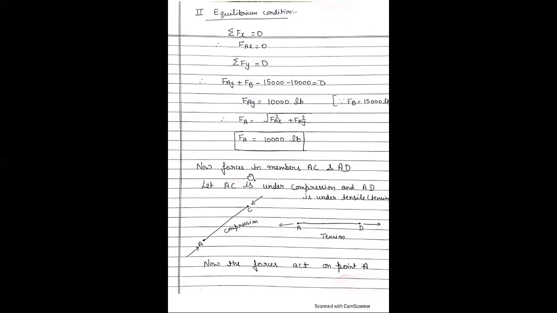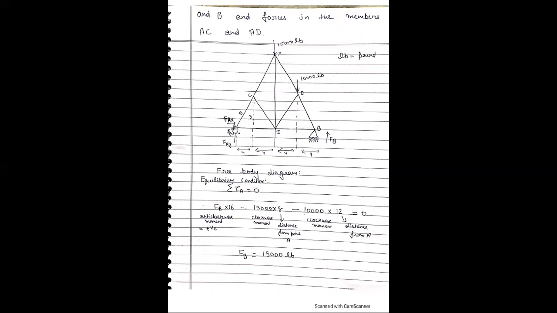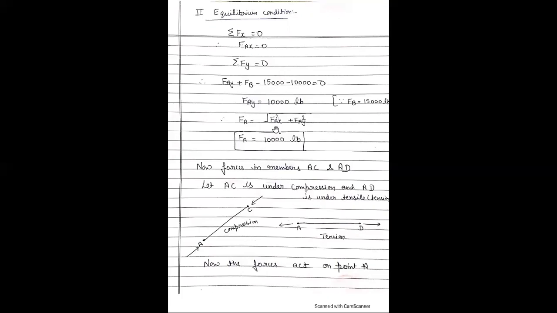Now the forces in members AC and AD. Let AC be under compression and AD under tension. AC is directed towards this direction, therefore this is under compression, and AD is directed towards this, therefore there is a tension.